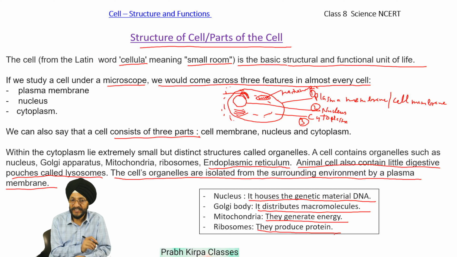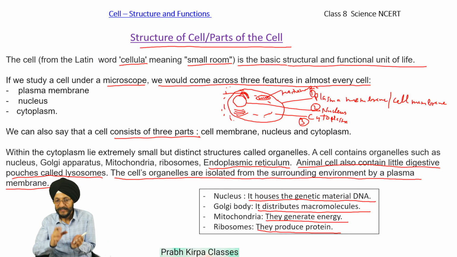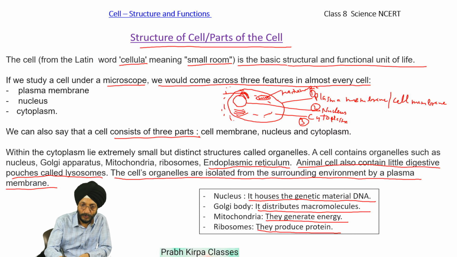So you will please observe that we have so far discussed that normally the cell consists of three parts, which is plasma membrane, nucleus, and cytoplasm, and there are many organelles present inside the cytoplasm which are known as nucleus, mitochondria, Golgi apparatus, ribosomes, lysosomes, etc.